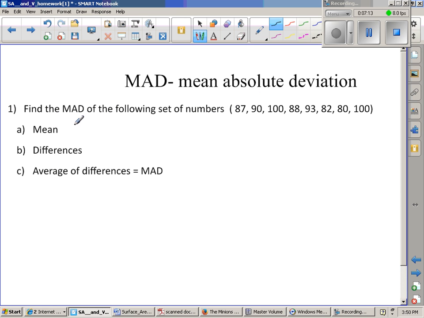So I add these up, and so I get 720. And then to find the mean, I need to count 1, 2, 3, 4, 5, 6, 7, 8, divided by 8. So my mean is 90.